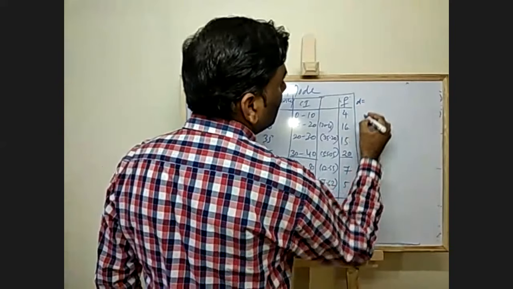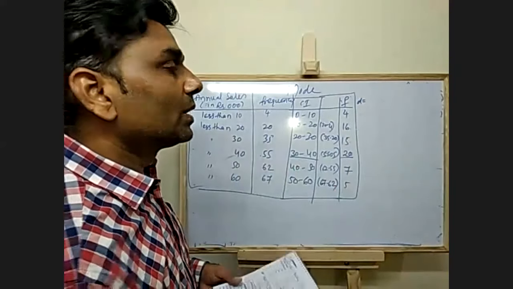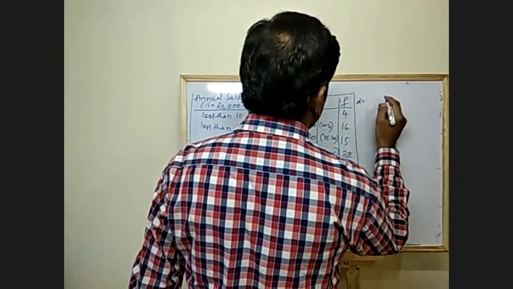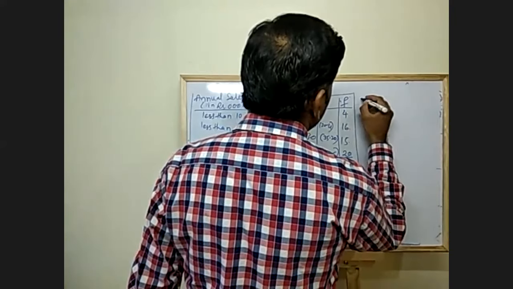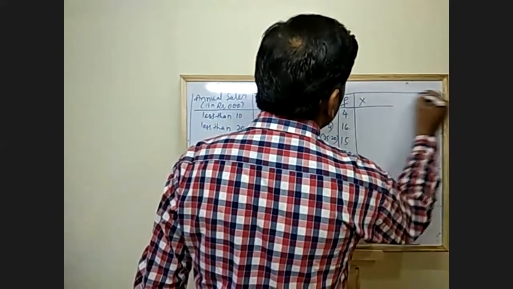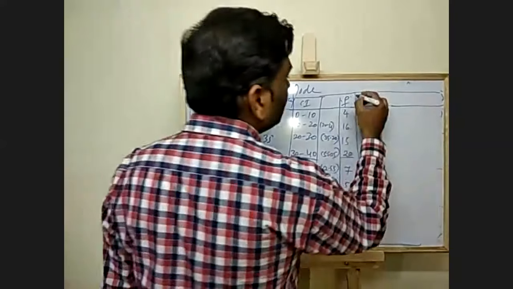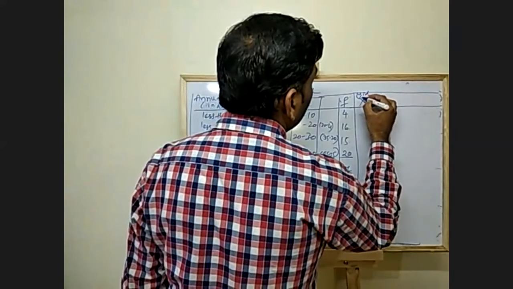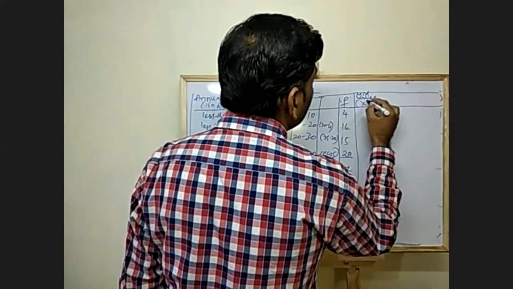D equal to x minus a. Before going to that, when you want to calculate mean, let's find out the mid value x.